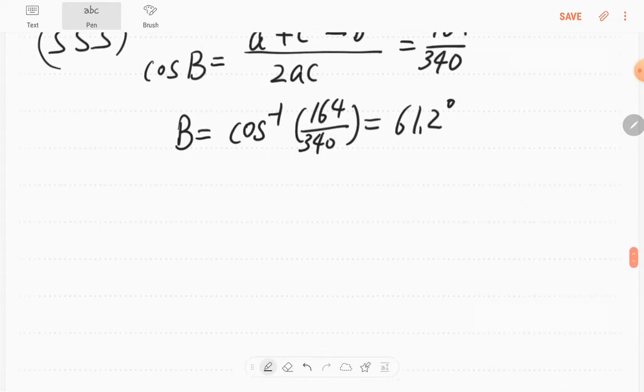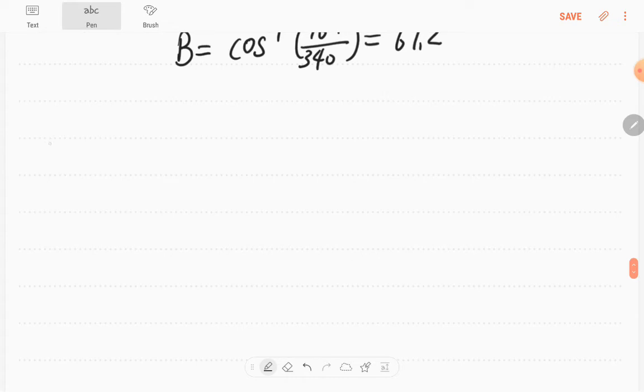So now let's look at area. We still look at the area of a triangle.